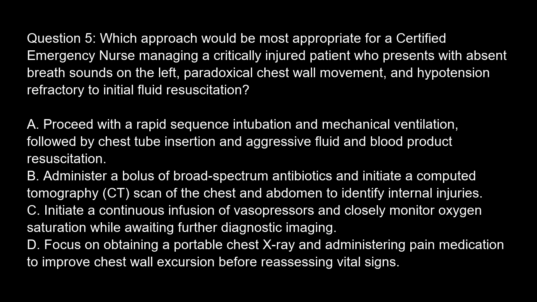Option B. Administer a bolus of broad-spectrum antibiotics and initiate a computed tomography (CT) scan of the chest and abdomen to identify internal injuries. Option C. Initiate a continuous infusion of vasopressors and closely monitor oxygen saturation while awaiting further diagnostic imaging. Option D. Focus on obtaining a portable chest X-ray and administering pain medication to improve chest wall excursion before reassessing vital signs.